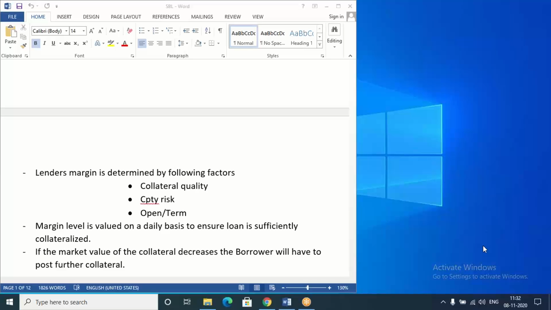But now tomorrow, the share price of the collateral which I've given in terms of shares has fallen in the market. The lender who's holding that collateral, his collateral value also has gone down. So he has to be sufficiently covered.